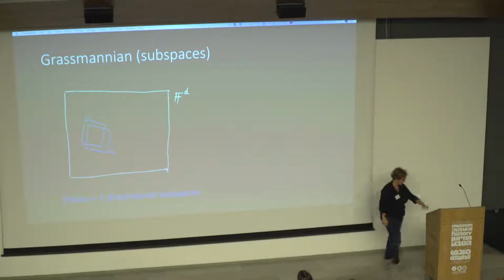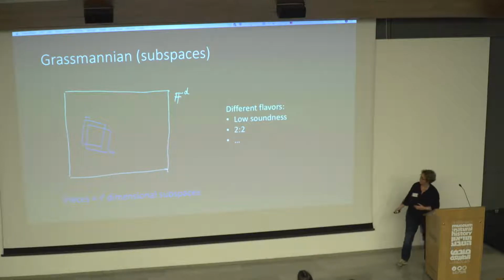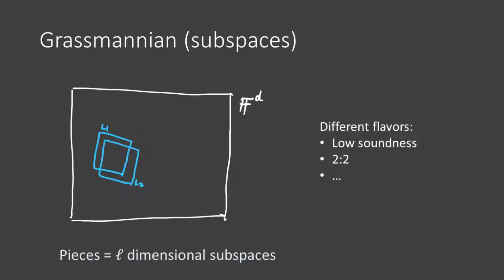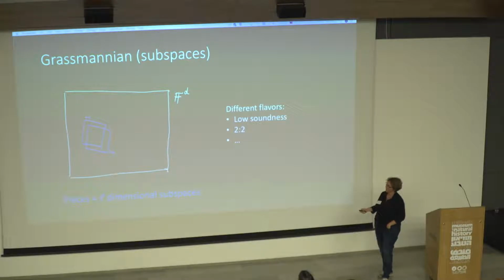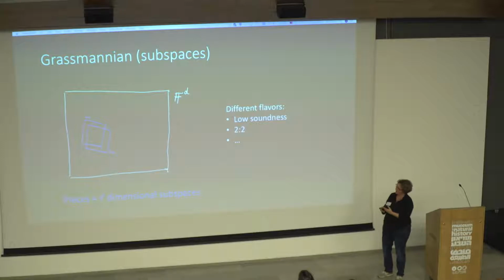And again, it's important to understand that these agreement testing questions have quite different flavors. Here, for example, we really care about agreement testing in the low soundness regime. So we say, suppose you know that the prover gave you some bunch of local functions here, and suppose you know that they satisfy the agreement test only with probability 0.1%.